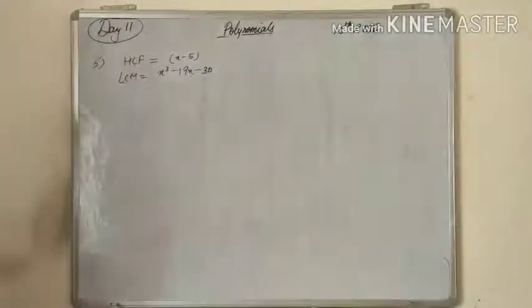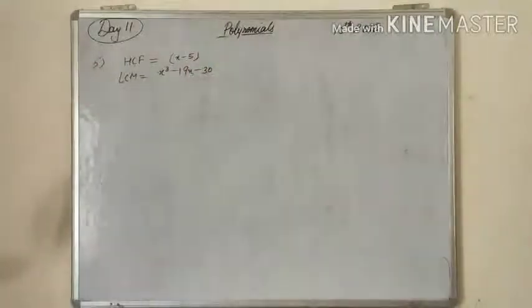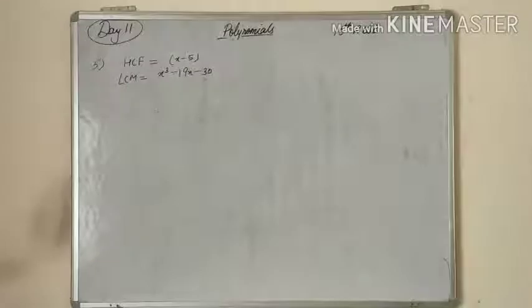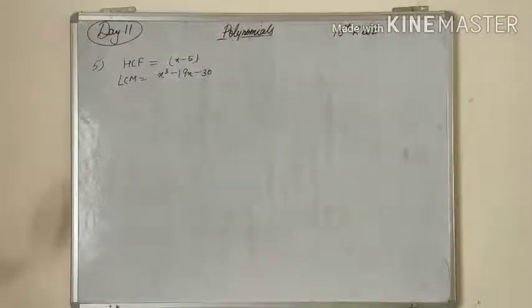Let me check whether this is a cube or not, because maybe there are some problems. If it is not cube, we have to solve by a different method. If there is cube, we will apply a different kind of solution.